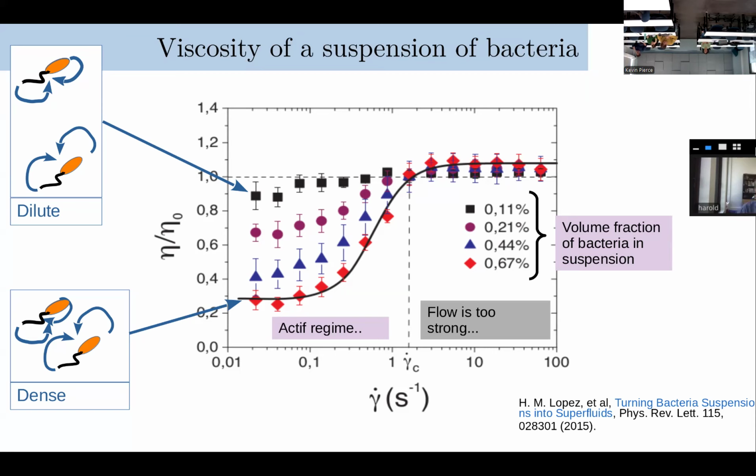But what happens when you increase the volume fraction of bacteria in your suspension? What you observe if you have a rheometer, is that when you have a small amount of bacteria, this is the black squares, the viscosity of the suspension is equal to the viscosity of the suspending fluid.